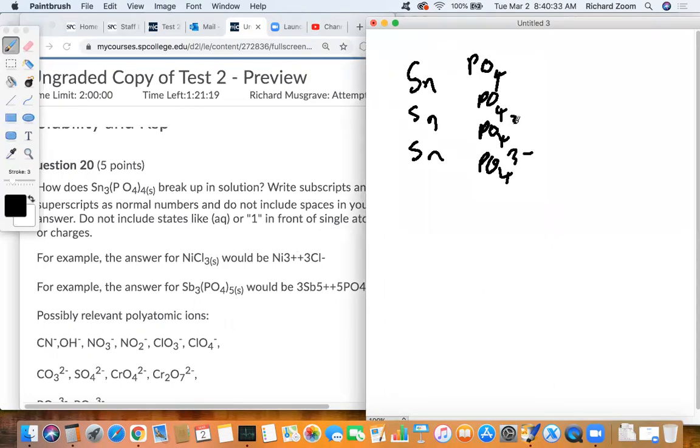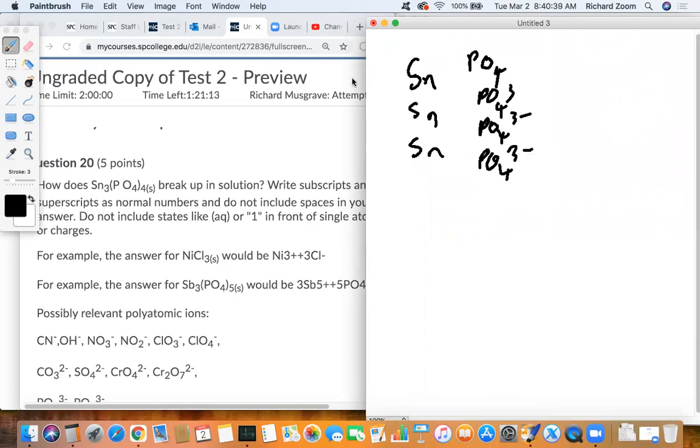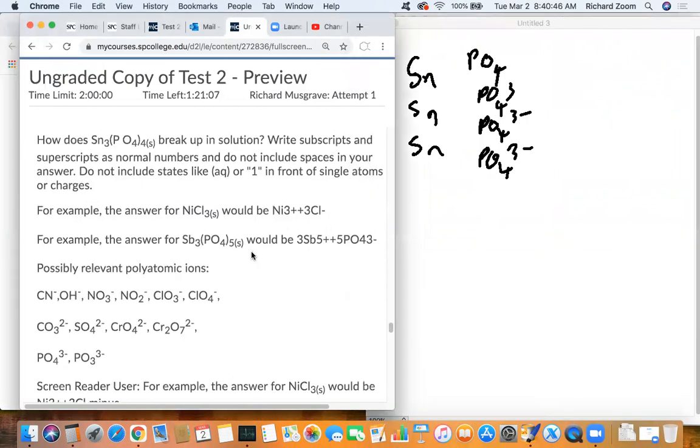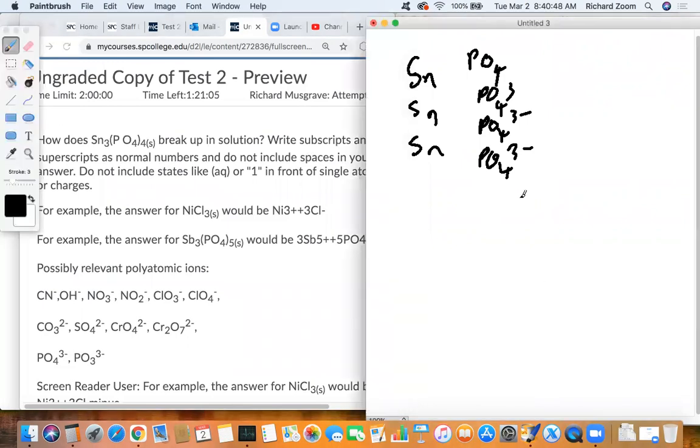PO4 is 3 negative, and I get that from down here in the list. And that means it's a negative 12, which means this is positive 12, which means each of these has to be 4 plus.